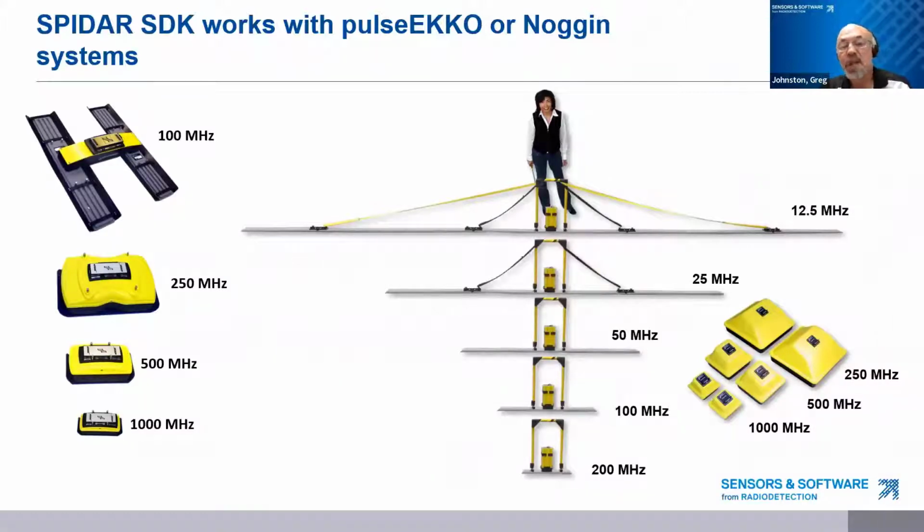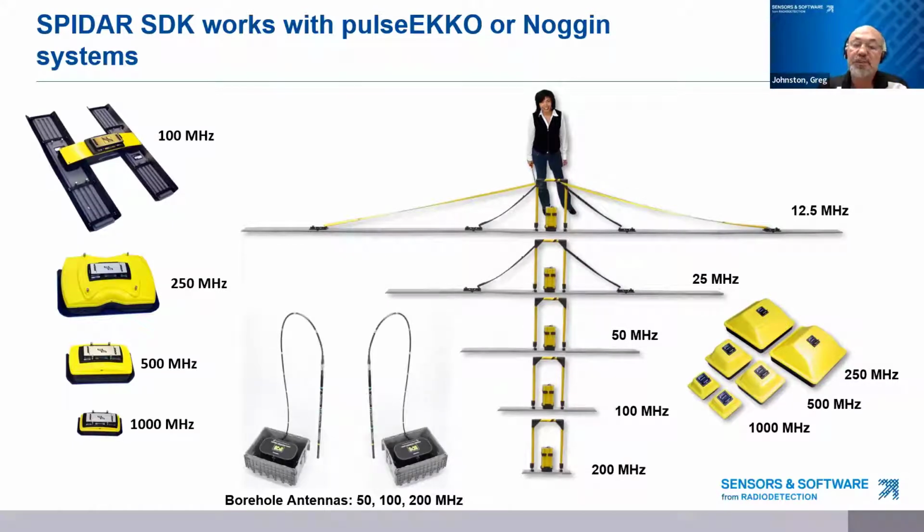NICs can control any of our noggin systems, which have antenna frequencies of 100, 250, 500, and 1,000 megahertz. Noggin systems are shown on the left here. NICs can also control pulse echo GPR systems with antenna frequencies from 12.5 megahertz, that's the very long ones on the top on the right, to 1,000 megahertz, very small ones there, the yellow ones.